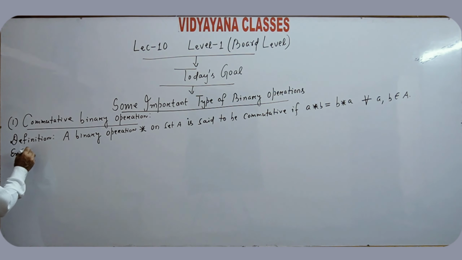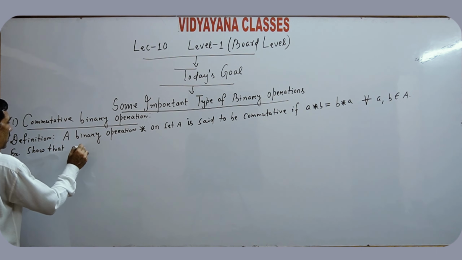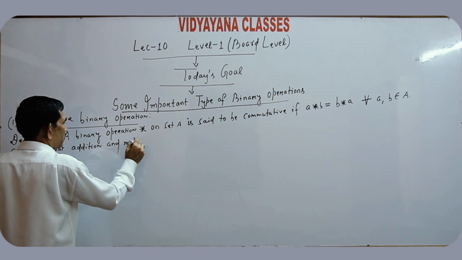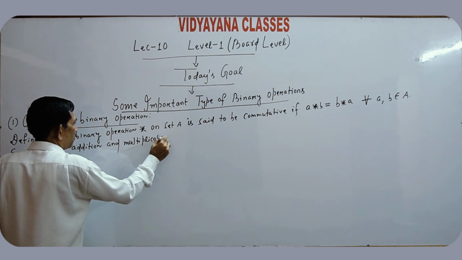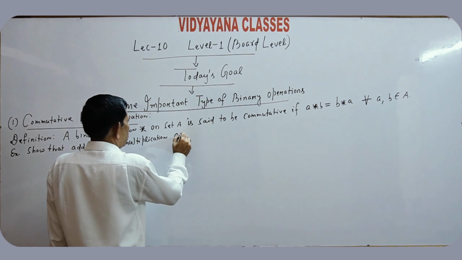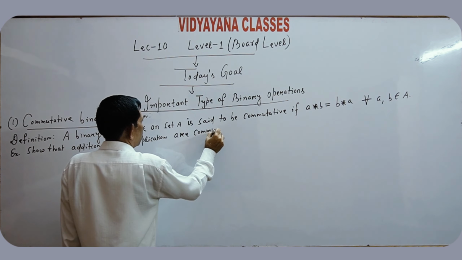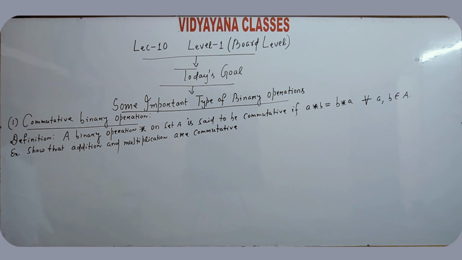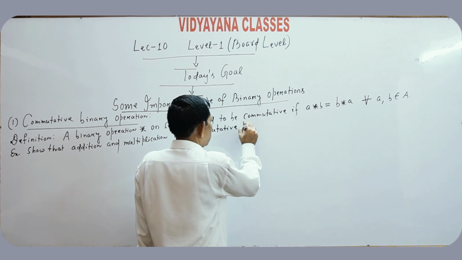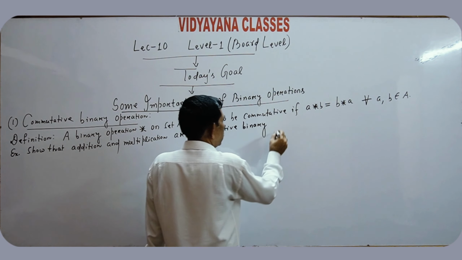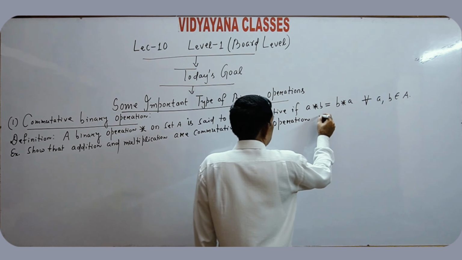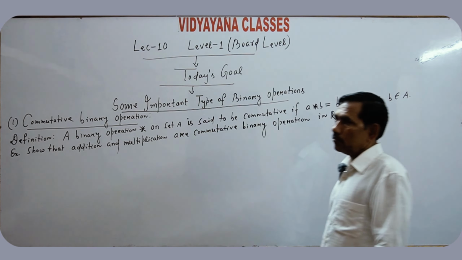Example: show that addition and multiplication are commutative binary operations in R. R means the set of real numbers.